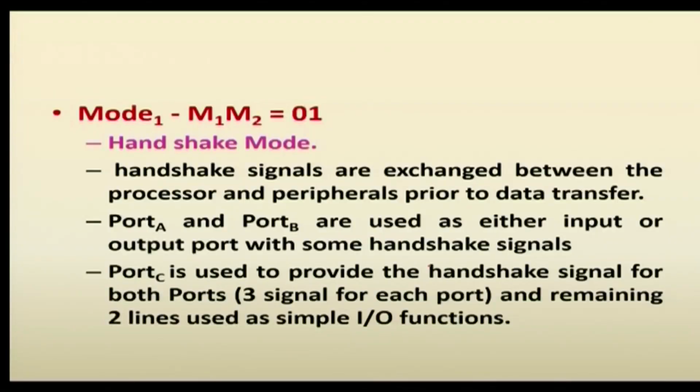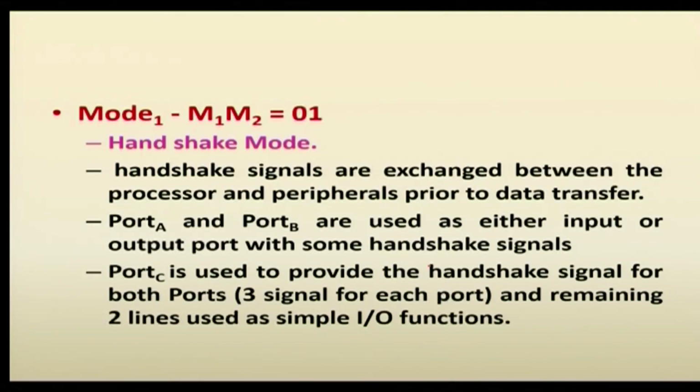The next one is mode 1. Mode 1 is activated by applying the value of 0 1 in M1 and M2. This is also named handshake mode. Here port A and port B, only 2 8-bit ports, are used as either input or output. Port C is only for providing the handshake signals, as support for port A and port B. For handshake signals for input and output, they use 3 signals each.